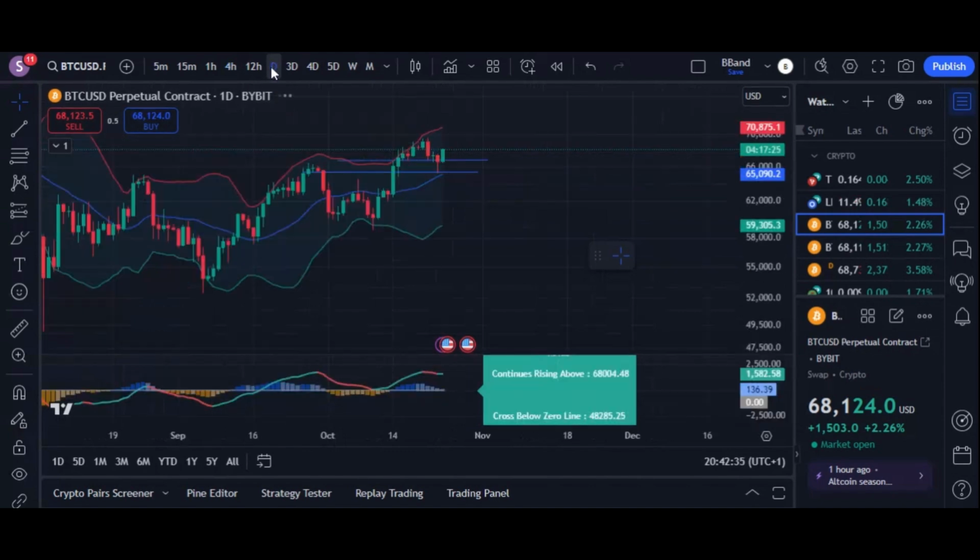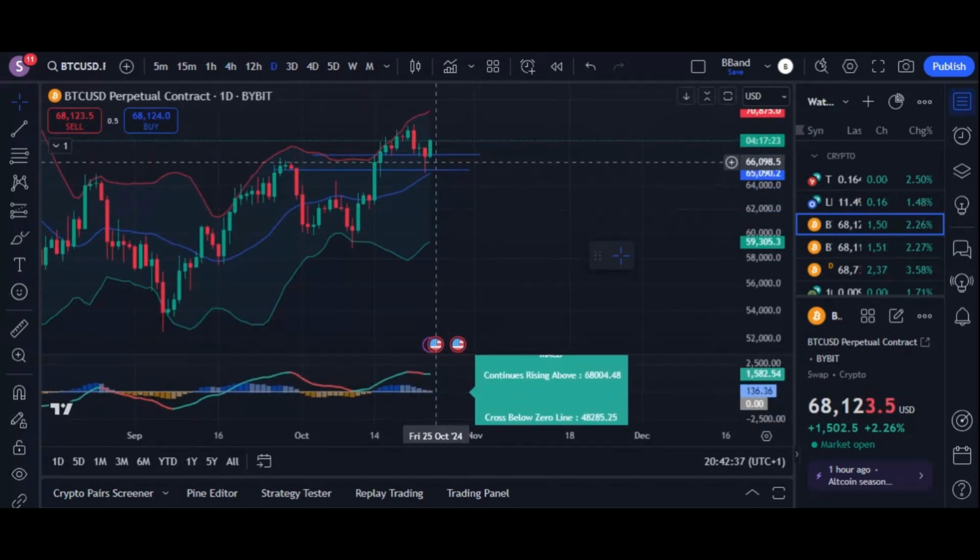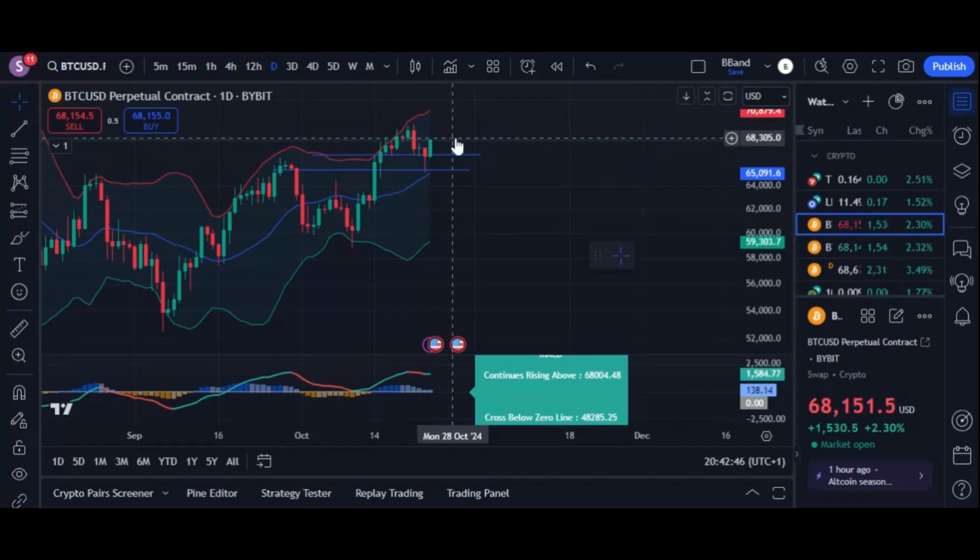On the daily, you can see the daily did a perfect bounce off the midpoint of the Bollinger Band as of yesterday, and is now looking probably for some more upside. The daily volatility is still cooling off, but it won't take much to get it to expand again.